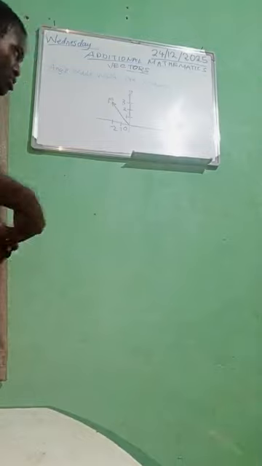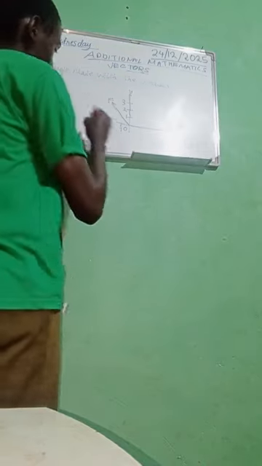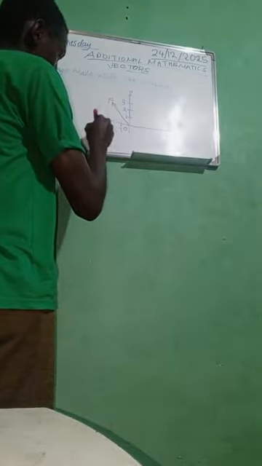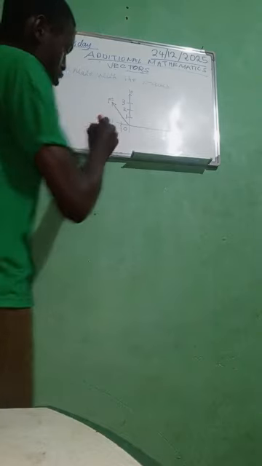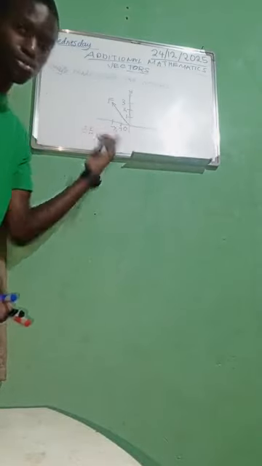If we were to write this one in component form, and since it's a position vector, we just use the coordinates that are already there, which will give us F is equal to, we start with the X. In this case, the X is moving 1, 2.